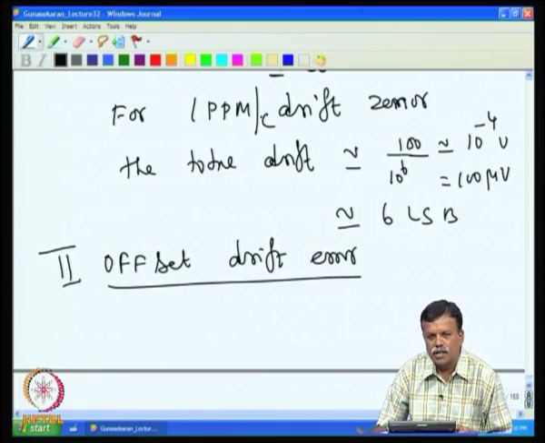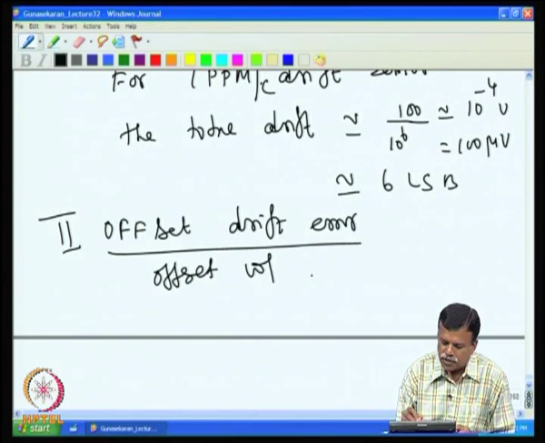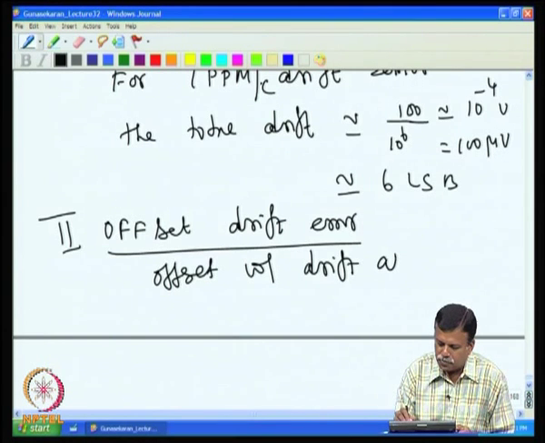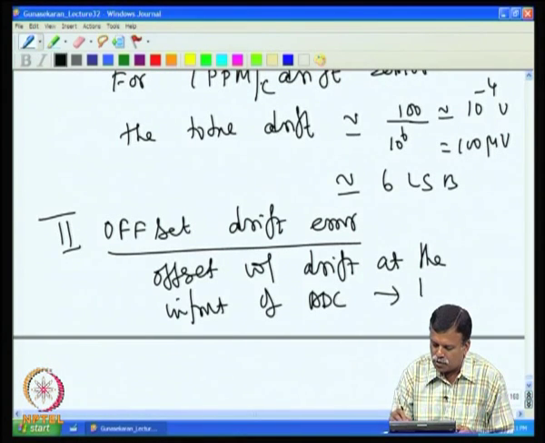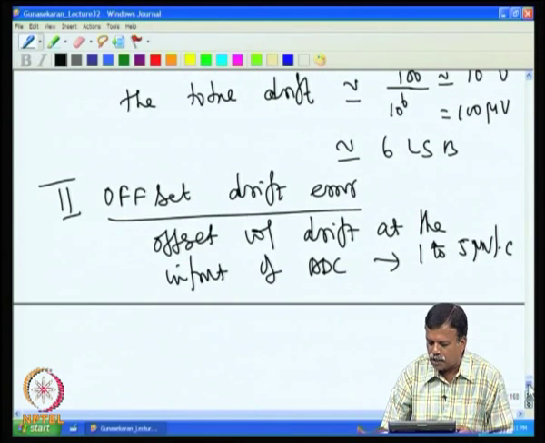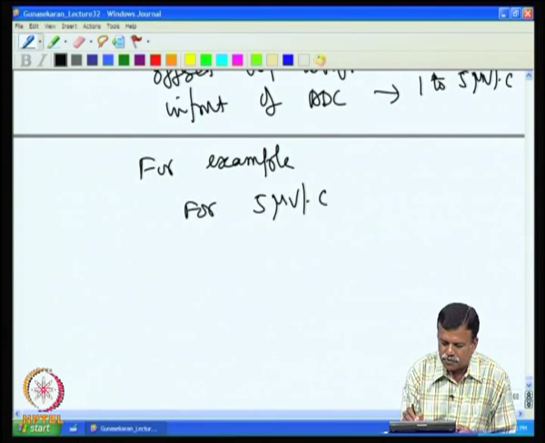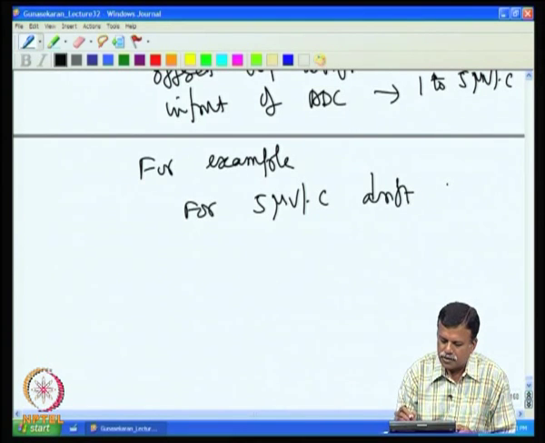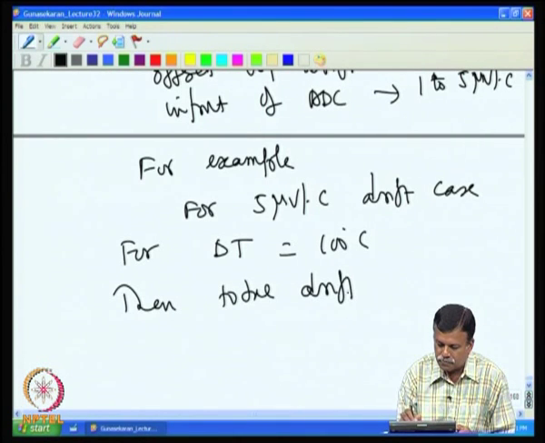Offset drift is given in terms of microvolt at the input of the ADC, typically 1 to 5 microvolt per degree C. So, for example, for 5 microvolt per degree C drift, for delta T equal to 100 degree C, the total drift is 500 microvolt.